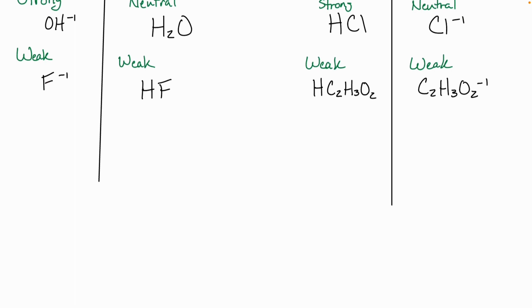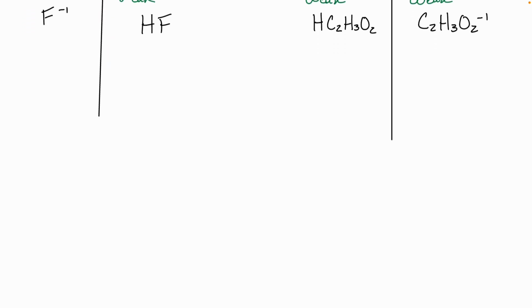So what I'm going to find is I don't see fluoride listed on my table here. But if I look under my acids, I will find HF, the Ka value. And there's this very simple relationship between Ka and Kb: Ka times Kb is equal to that same 10 to the negative 14 value.